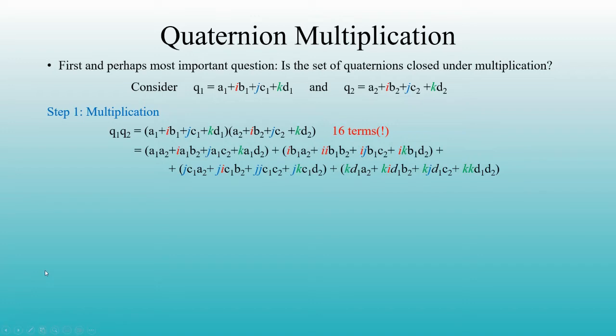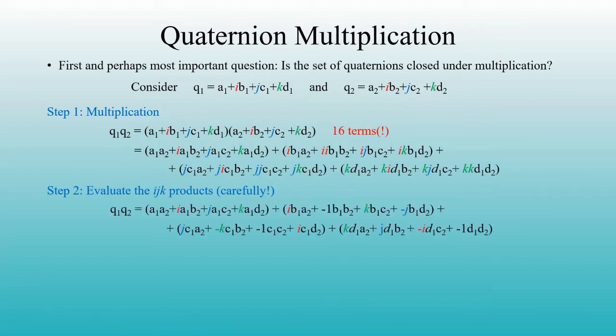Step 2 is to leave the order of the product terms unchanged, but to evaluate the ijk products, paying careful attention to the sign. You can see in the second group here that I've kept i the same. i times i becomes -1, i times j becomes plus k, and ik becomes minus j. All right, straightforward, albeit a bit tedious.